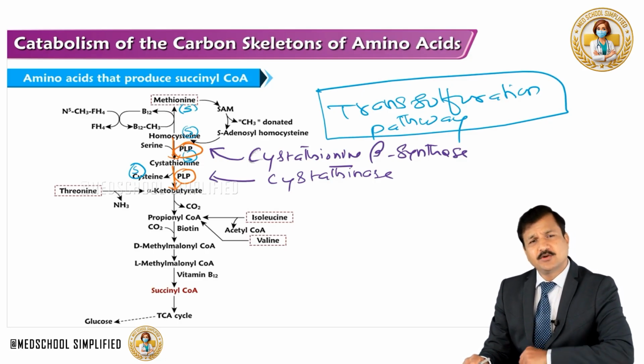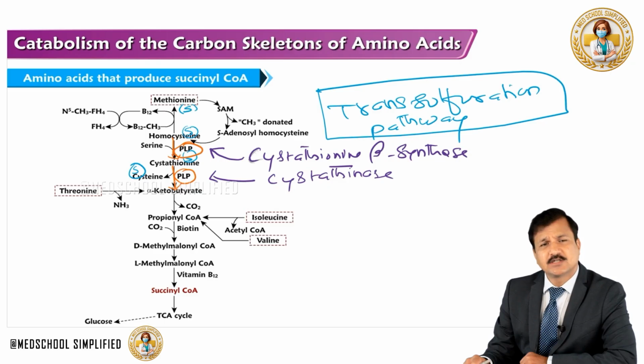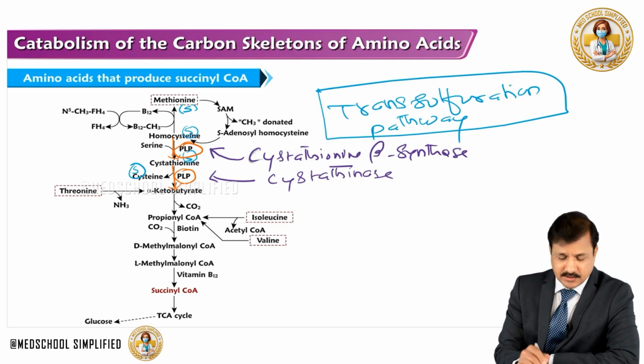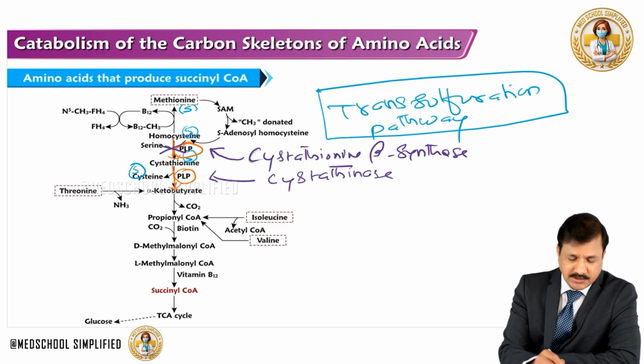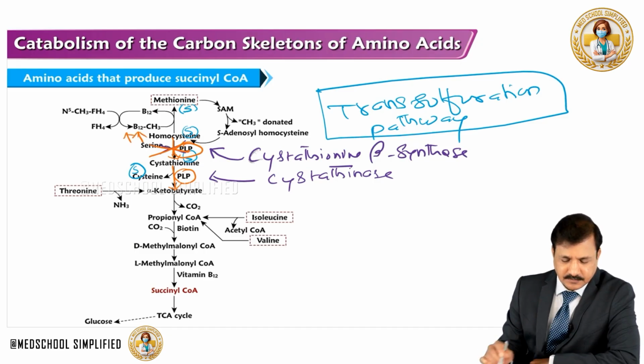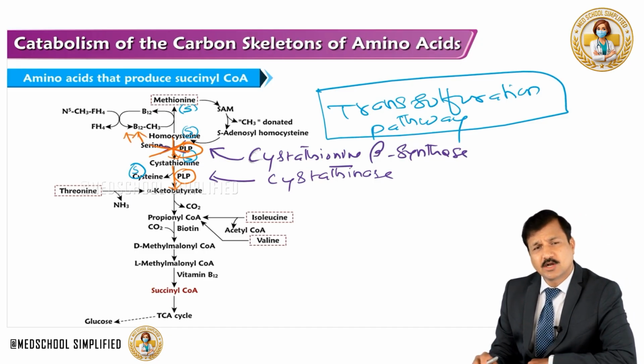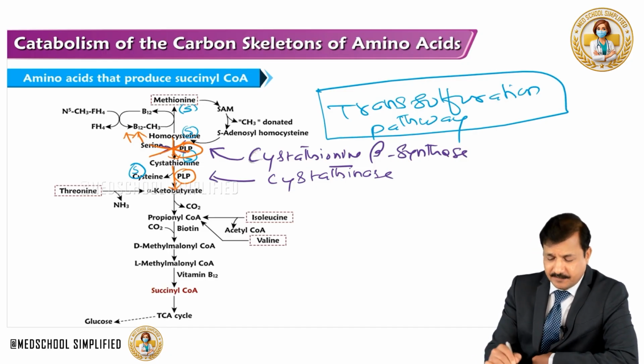Imagine if there is a mutation in a gene coding for the cystathionine beta synthase enzyme. So what will happen? The reaction converting homocysteine into cystathionine will decrease, and that will lead to elevation of homocysteine, right? And that's what causes type 1 homocysteinemia.